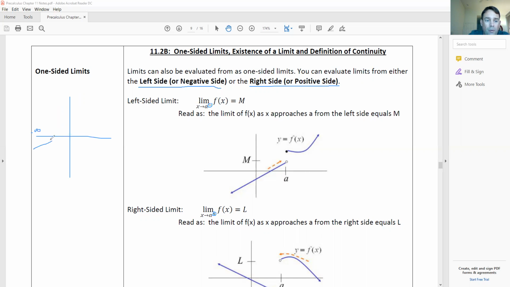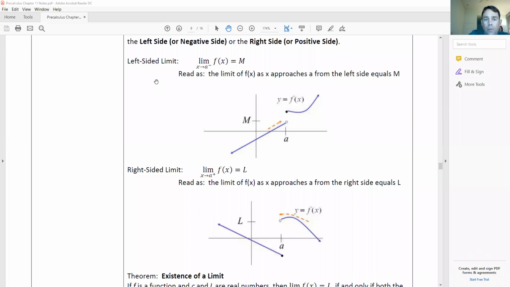So the limit's coming from the left-hand side. They call it positive from the positive side, the right side, because that's where positive infinity is. And so it's coming from the right side. So when you're seeing these limits from the left side or the right side, realize they're coming from negative and positive infinity. So that's why negative goes with left, positive goes with right.